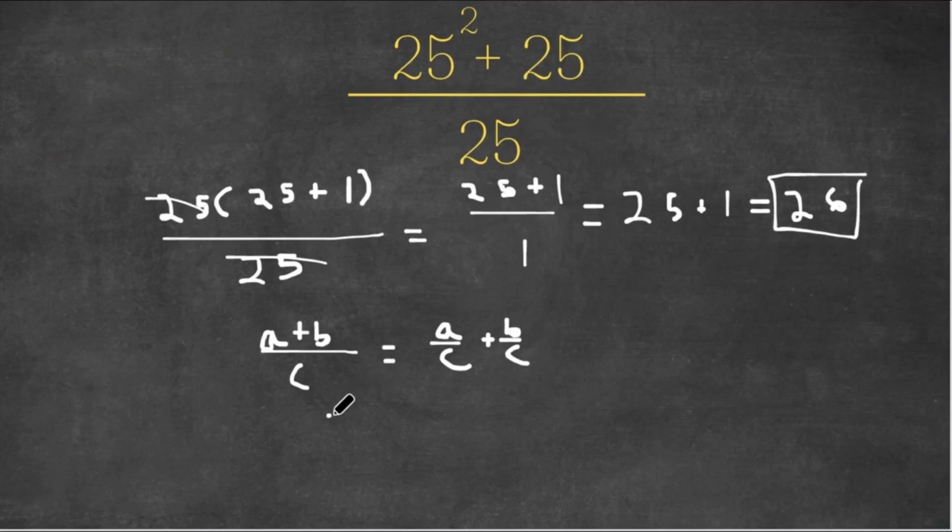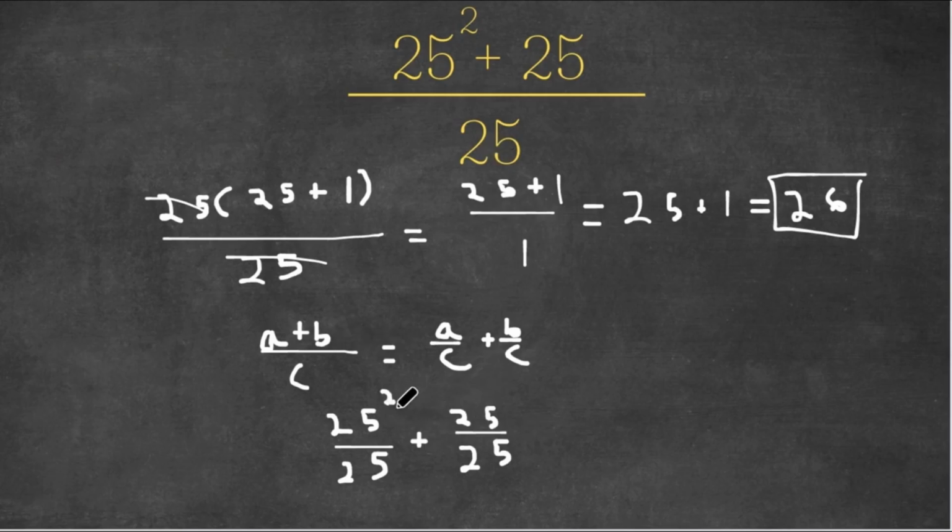This is the same thing as 25 squared over 25 plus 25 over 25. Because 25 squared would be A, 25 would be B, and 25 would be C.